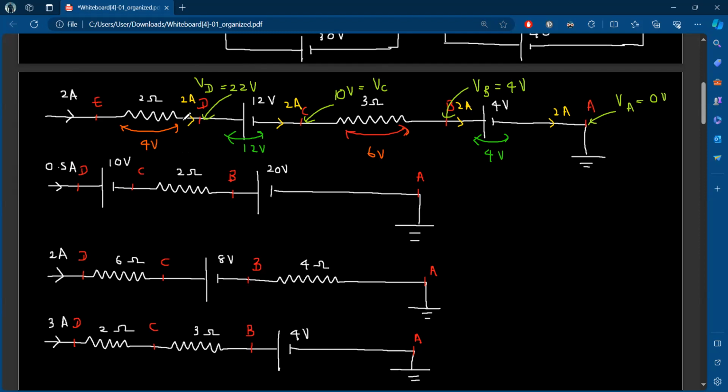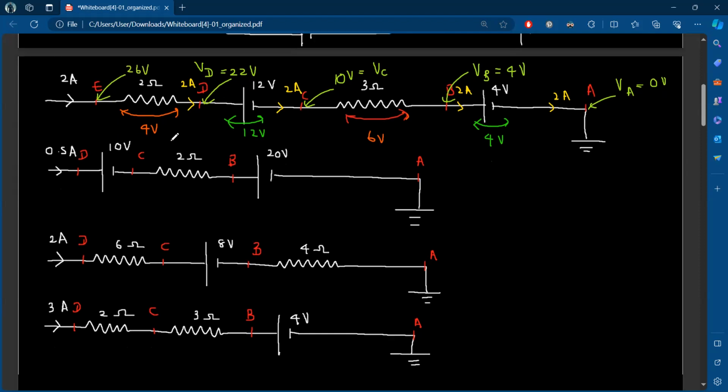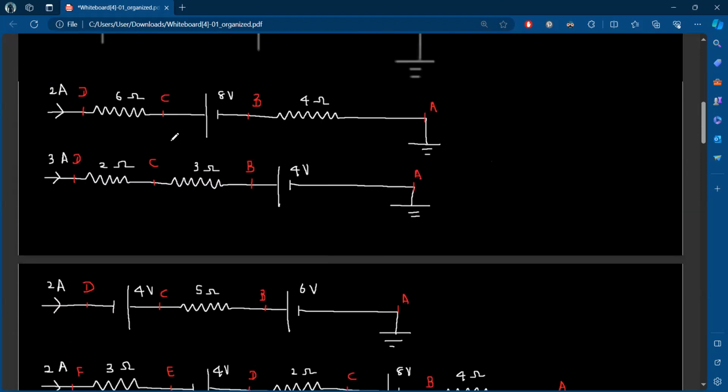Is this one younger or older? Younger one. What is the age of the younger one? 22 volts. Age difference? 4 volts. Older one's age? 26 volts. Okay.